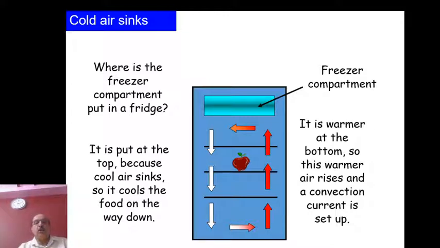It is put at the top because the cold air sinks, so it cools the foodstuff on the way down. Here we are putting the foodstuff, and the foodstuff is cooled, and the cooling is on the way down.